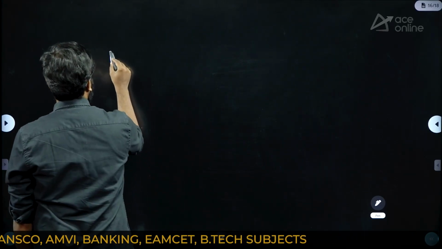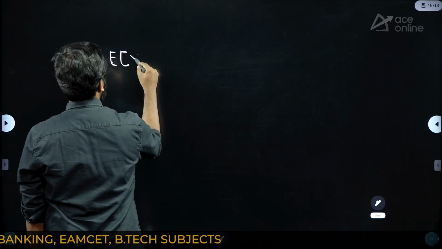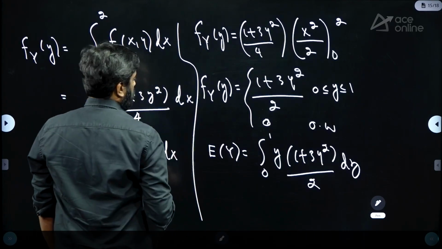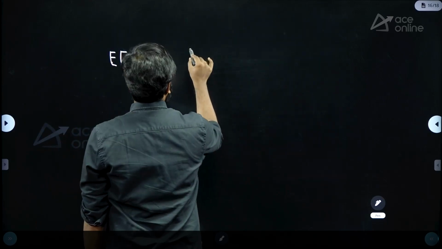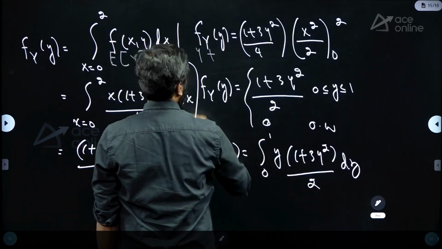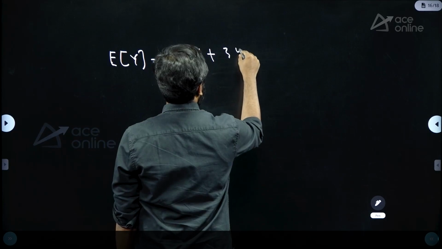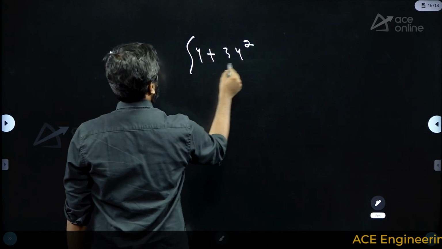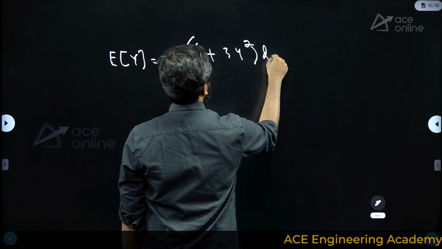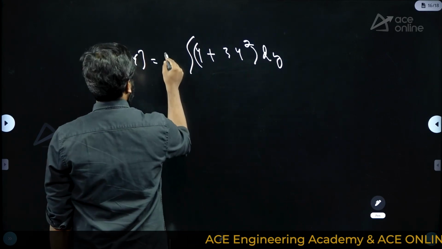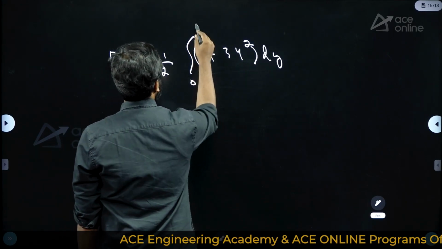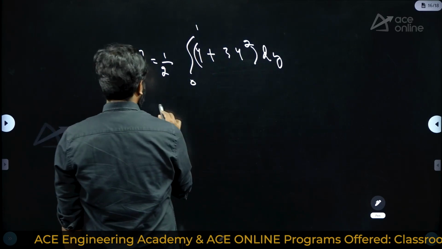So expected value of y. What is this? First term is y plus second term is 3y cube, and then do the integration. 1 by 2 is out, 0 to 1. Complete this integration process.